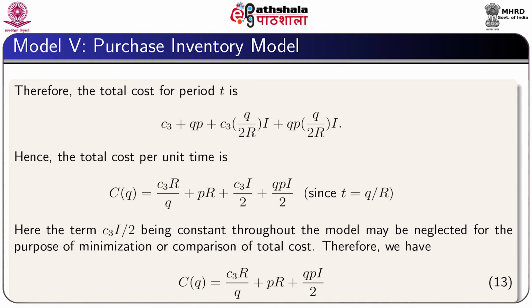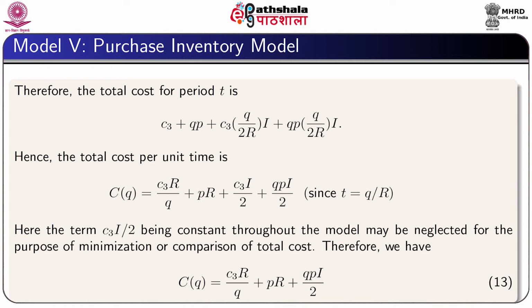Therefore, the total cost for period T is C3, which is ordering cost, QP, which is purchase cost, and then the next two terms are for holding cost. Hence, the total cost per unit time can be written as CQ equal to C3R by Q plus PR plus C3I by 2 plus QPI by 2.